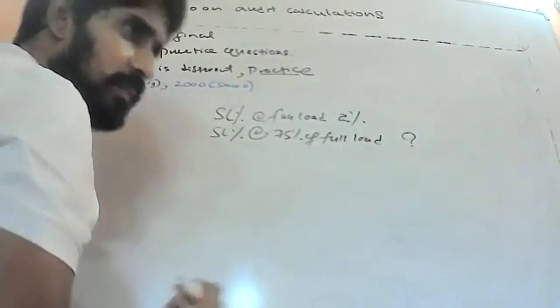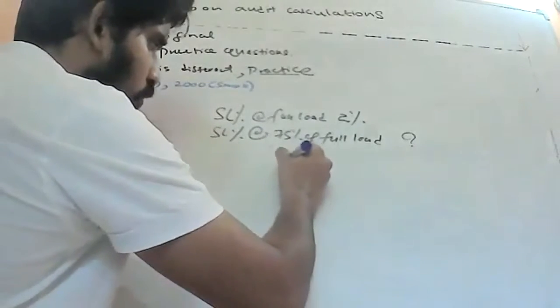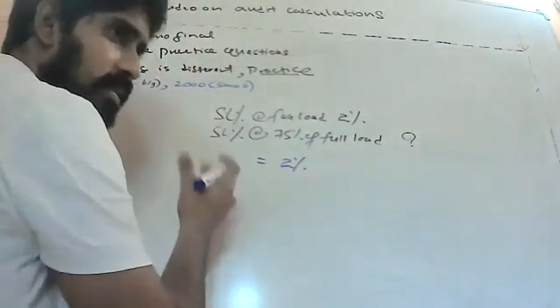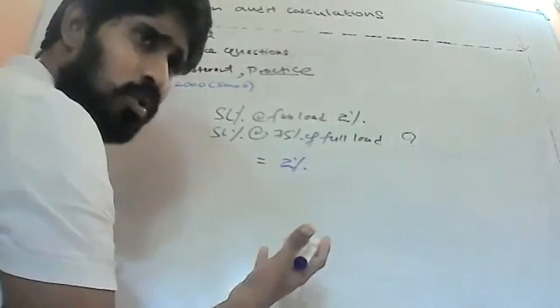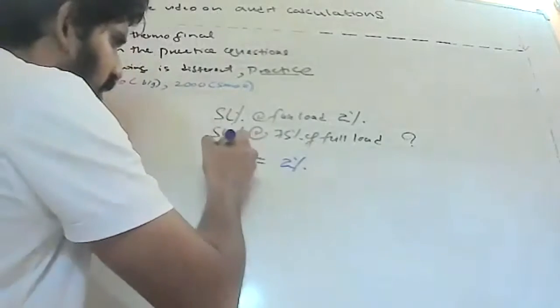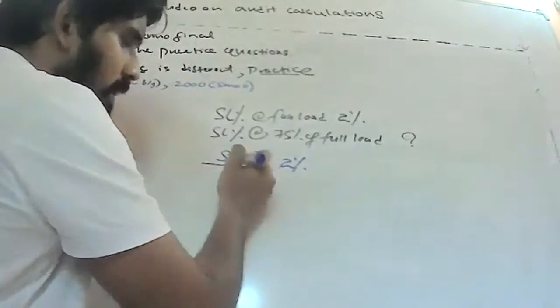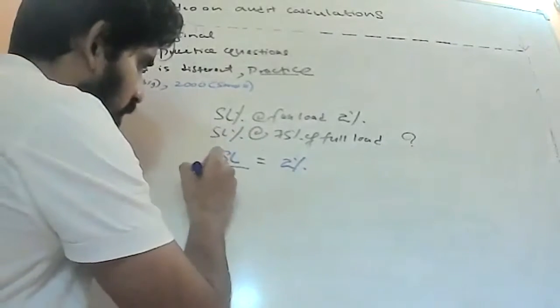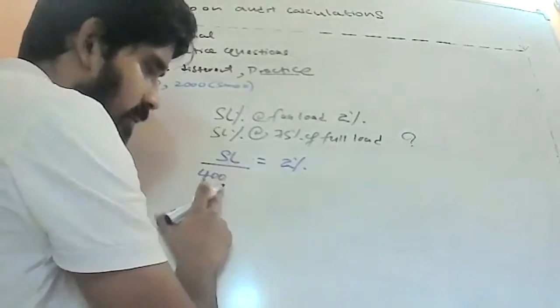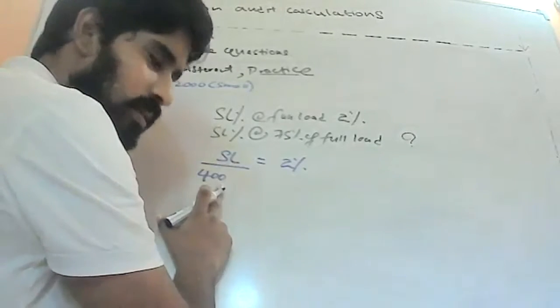We know the surface loss percentage is 2%. That equals the surface loss heat quantity. We don't know that as a quantity, so let's put a variable. Let's say SL divided by energy input. The energy input is now here actually the steam load is 4,000.